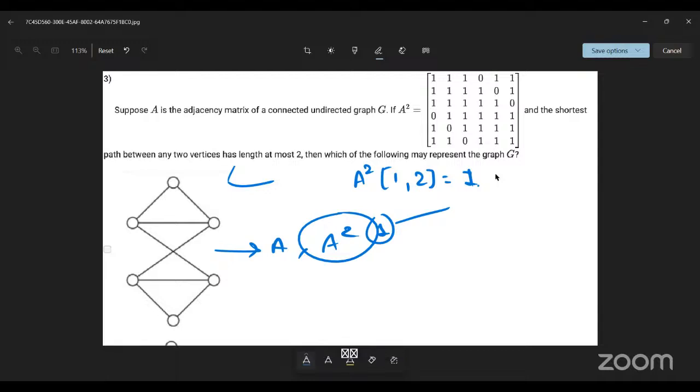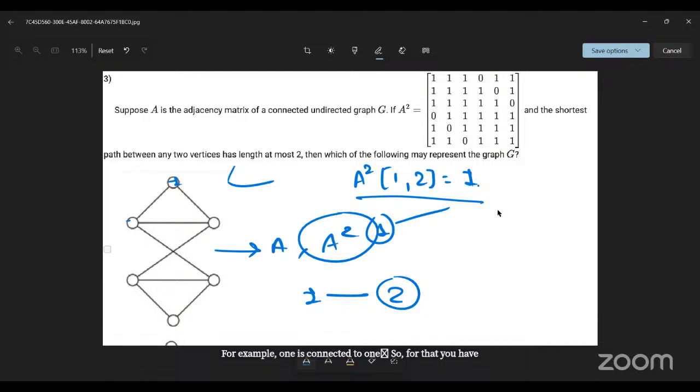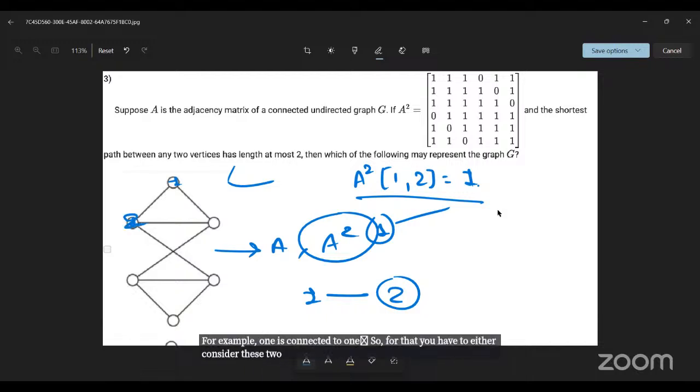And you just have to find out this condition. There should be a 2-length path from any vertex to any other. For example, 1 is connected to 1. So for that, first of all number these vertices. Okay, so this is the answer now.